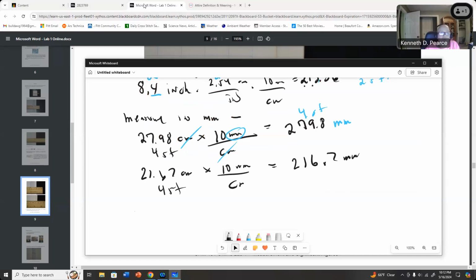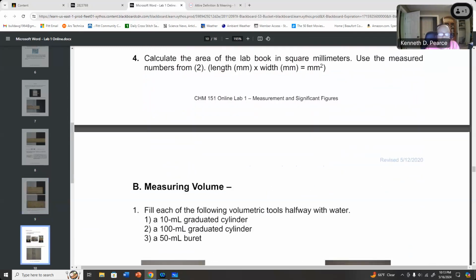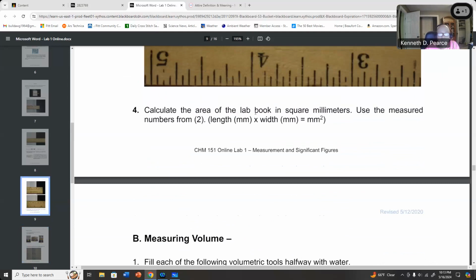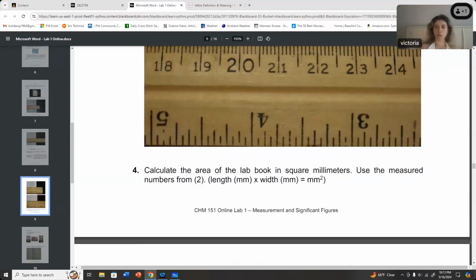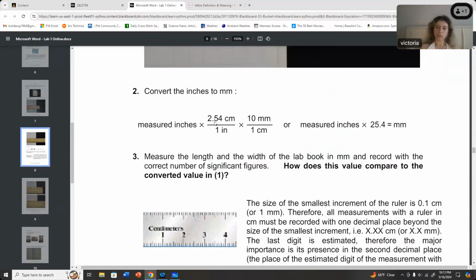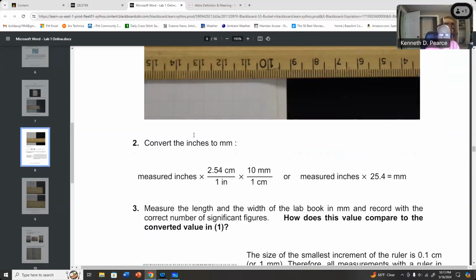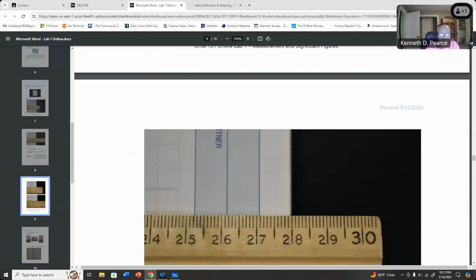Now it says, what does it say to do next? I'm sorry. Calculate the area of the lab book in square millimeters. Use the measured numbers from 2. And 2 is where we converted.